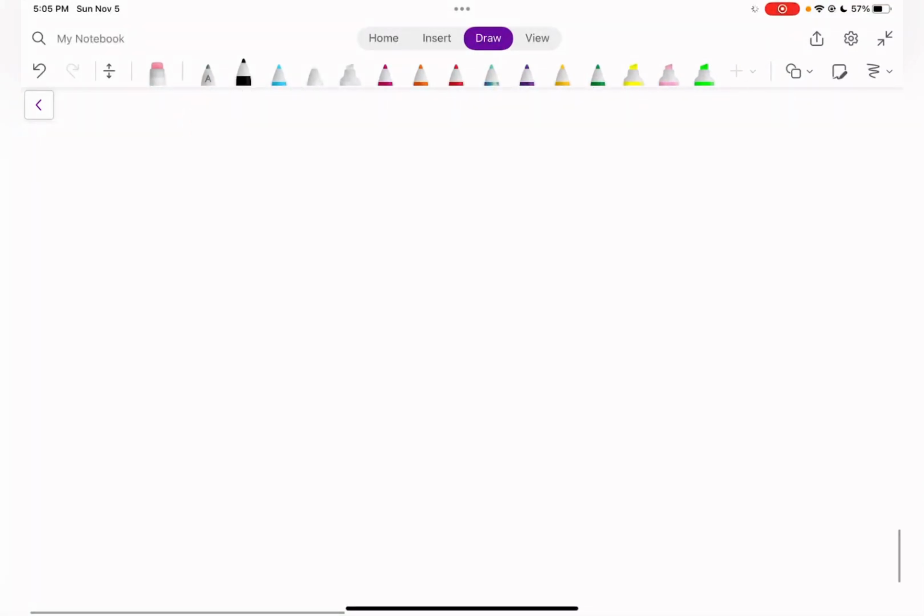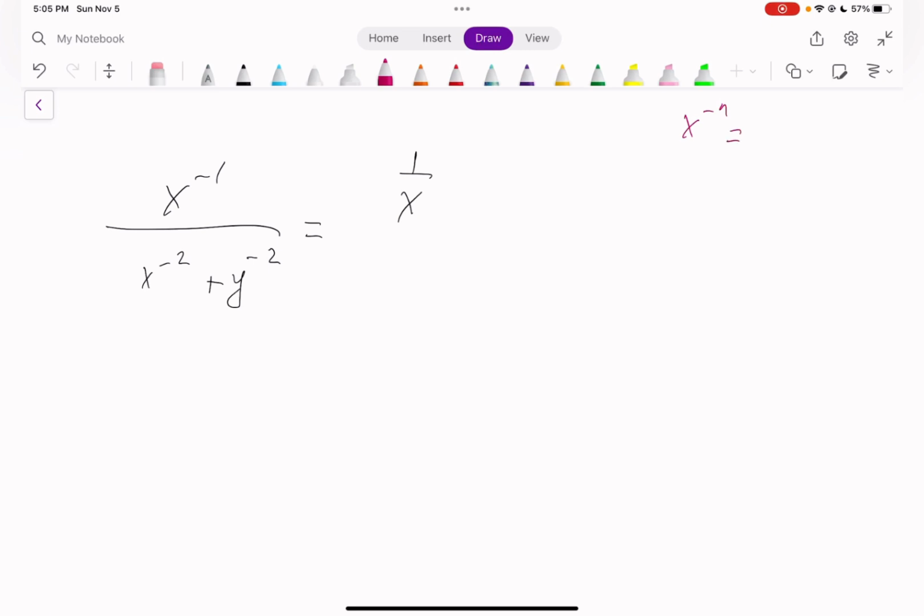We have x to power negative 1 dividing by x to power negative 2 plus y to power negative 2. So negative 1 meaning 1 over x, right? Remember? X to power negative n is equal 1 over x to power positive n. Since here I have 1, here also I get 1.